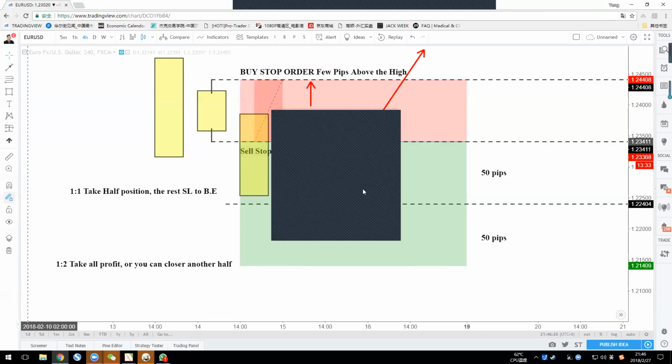Not only the top or the low, inside bar can appear at any place. But the important part is you should know the inside bar's structure. You have to combine the structure with the high or with the low. There are two scenarios I need you guys to know.